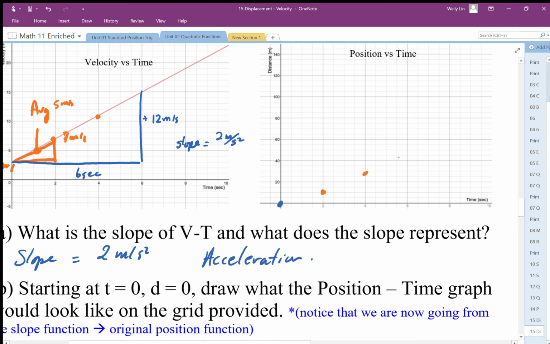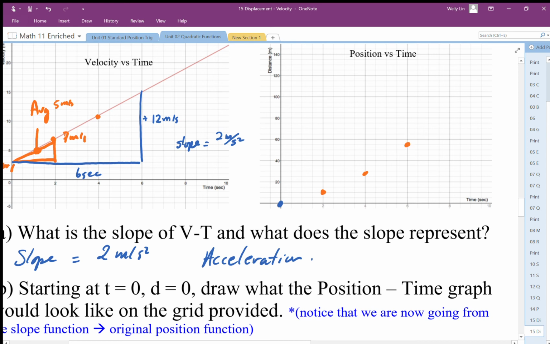So we're going to go 26 meters. We went from 10 to 28, and then we went 26, so it's going to be 54 meters. So let's say 54 is right about there.